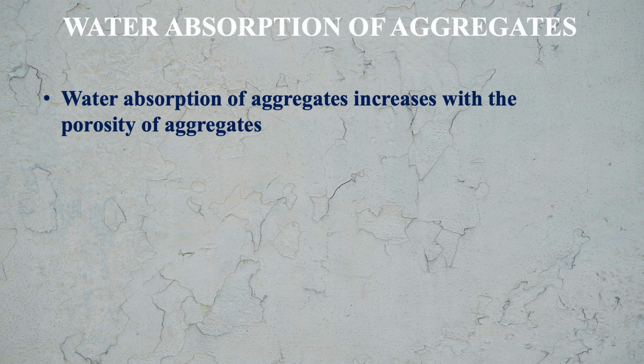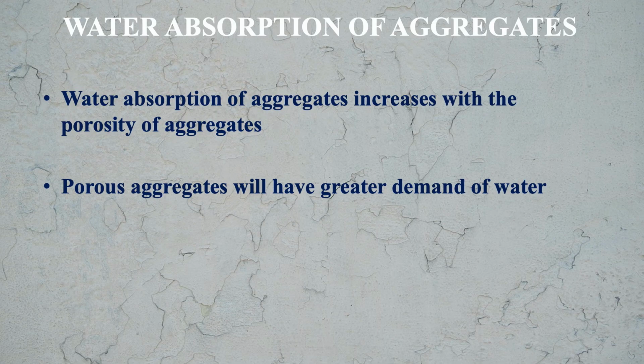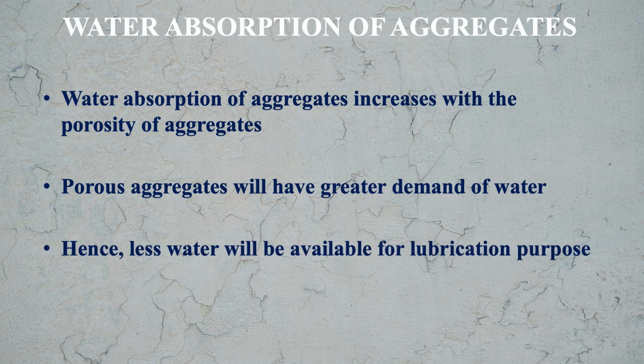Now let us see the effect of water absorption of aggregates. Water absorption of aggregates increases with the porosity of aggregate. Means how much water can be absorbed by the aggregates depends upon the porosity of aggregates. More porous aggregate will absorb more water. So the porous aggregate will have greater demand of water, hence less water will be available for lubrication purpose.